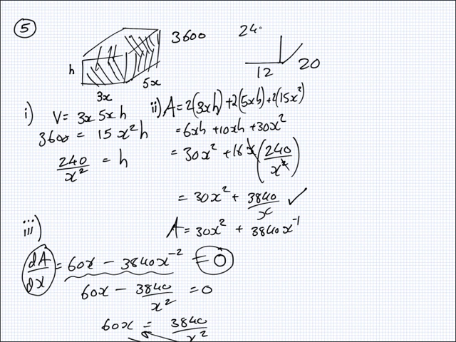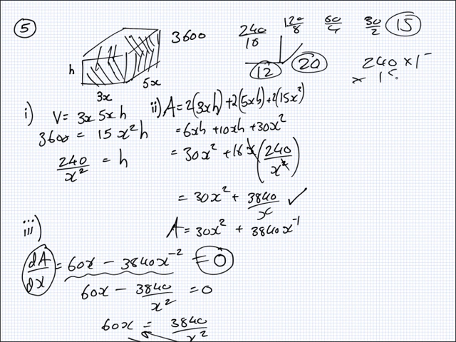So 240 over 16, that's 120 over 8, that's 60 over 4, 30 over 2, 15. So 15 by 20 by 12.